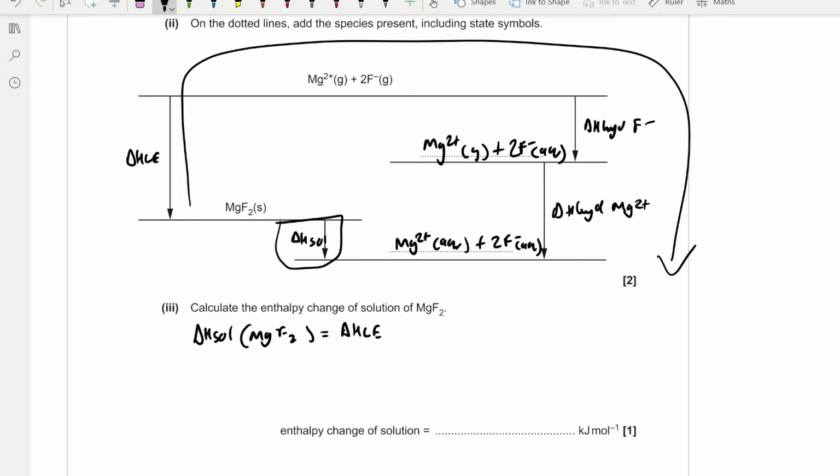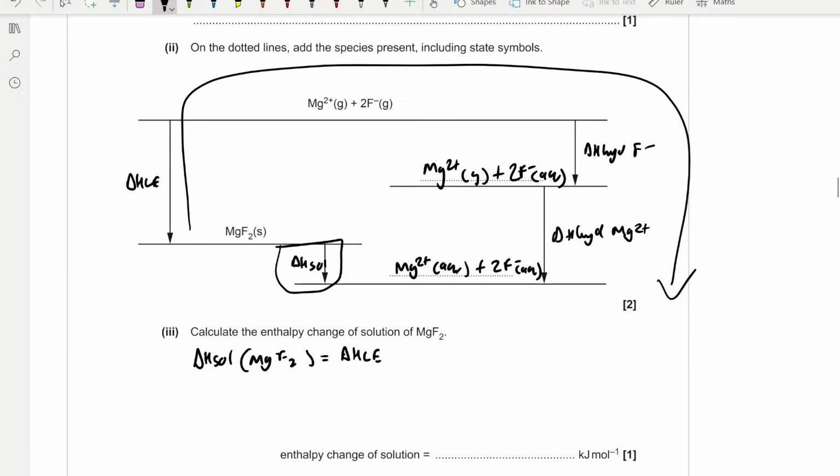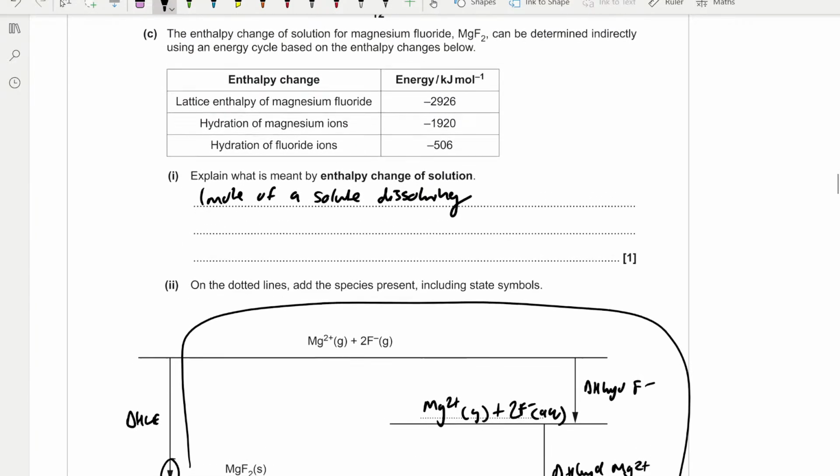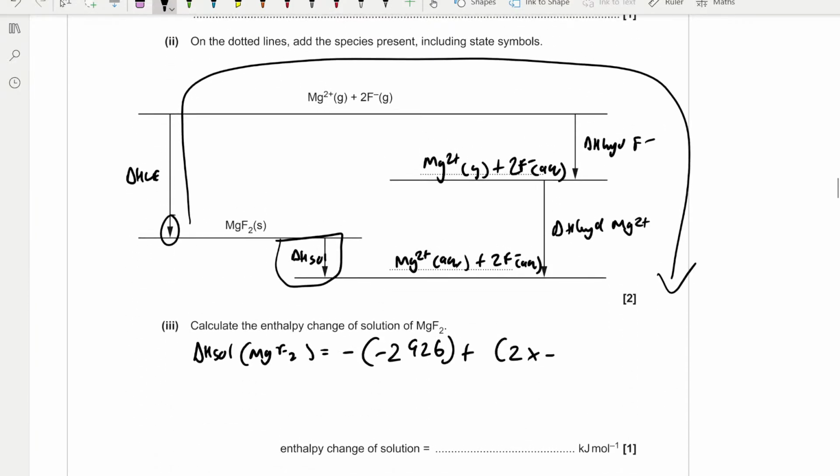So we're going to need a positive value for ΔH early because we're going against this arrow. So we need to do this. And then we're going with the hydration arrows, so that's 2 times the hydration of fluoride ions, which is minus 506, and we need to remember to do 2 times because we have 2F minus in our balancing.